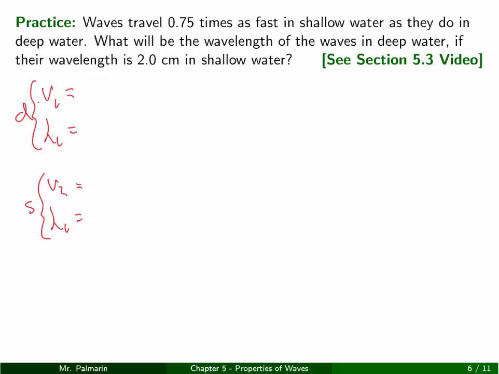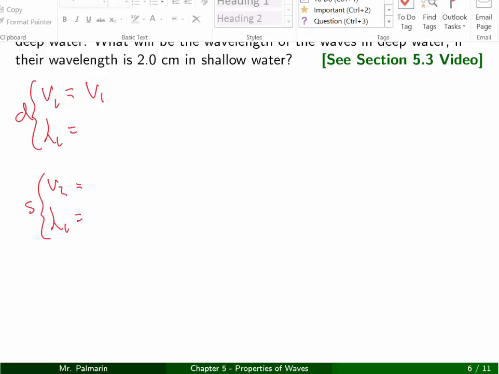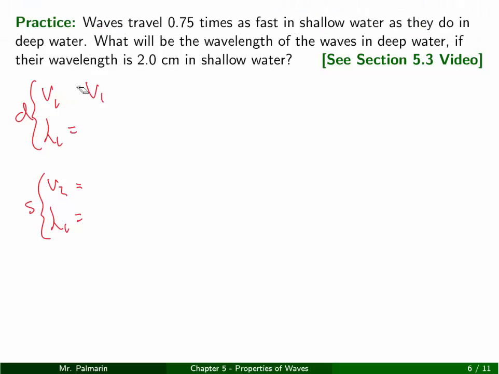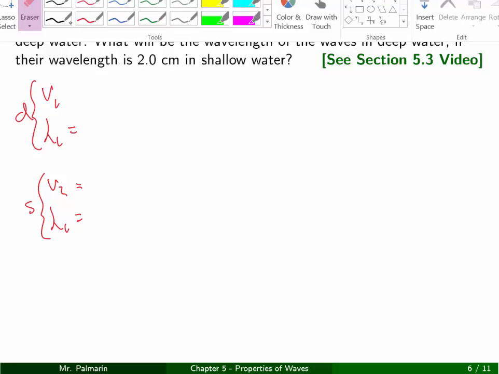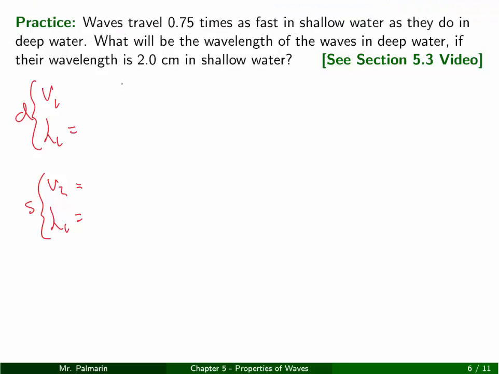So for deep water, you can allocate a variable for it. I'm just going to leave it as v1. Maybe it would be easier to erase this little equal sign. You'll see what I'm doing in a second. What we know about v2 is that it's 0.75 times as fast as v1.